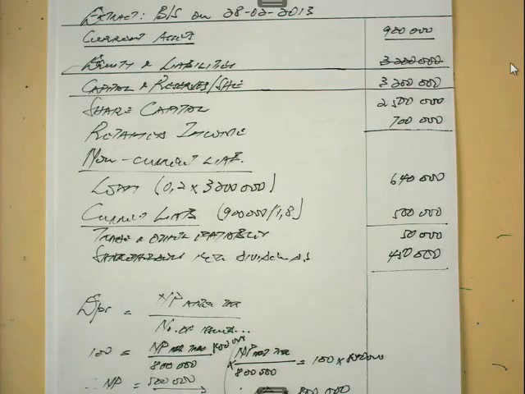Secondly, around the ratios and formulas, it is not only enough to memorize the formulas, but you must also know and understand what each ratio measures. What type of ratio am I dealing with here? Am I dealing with a liquidity ratio, a profitability ratio, an operating efficiency ratio, a solvency ratio, a risk ratio, etc.? It is extremely important that you know that.